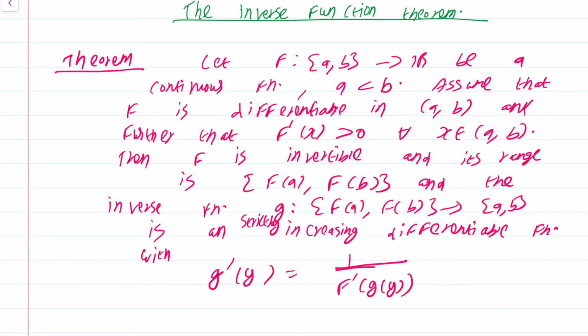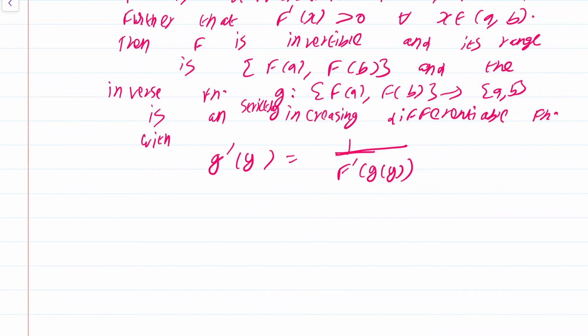So this inverse being a strictly increasing function is rather obvious. So we have this inverse g from [f(a), f(b)] to [a, b]. The key assertion is that this inverse is differentiable, and you have a formula for the derivative of the inverse. Now the statement is long, but the proof is easy.